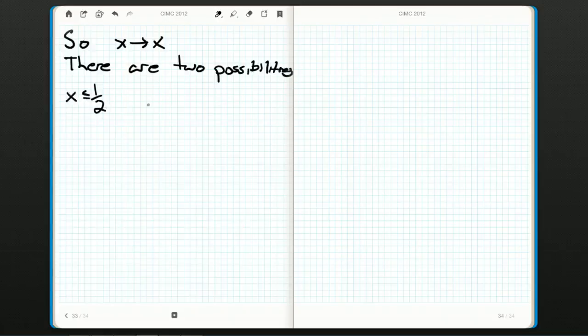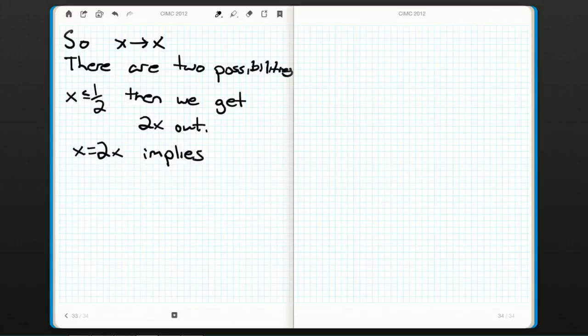So we have 2 possibilities. If the number we put in is less than or equal to a half, but of course, if we double a number, it can't be equal to itself unless x is 0.